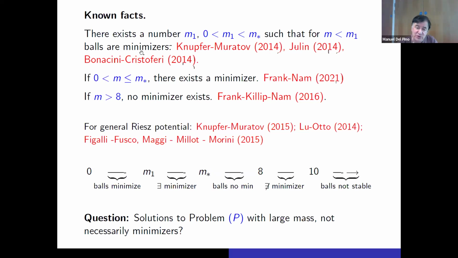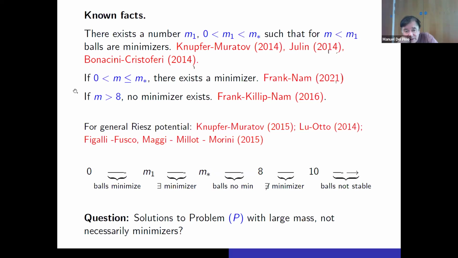So for sufficiently small volume, balls are minimizers. And this was proven by three independent works. I don't know if totally independent, but they appear in the same year: Knüpfer and Muratov, Julin, and Bonacini and Cristoferi. In these three papers.